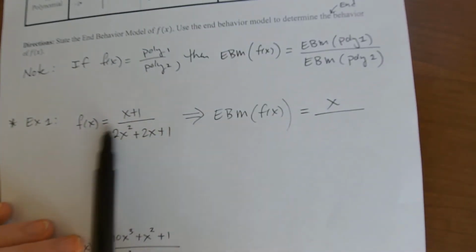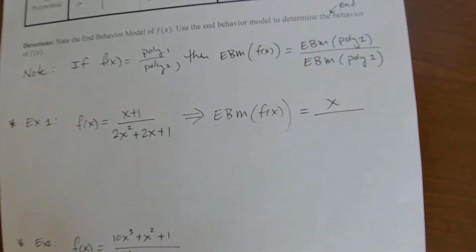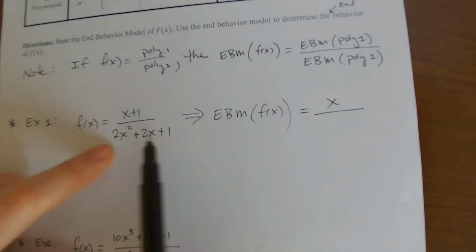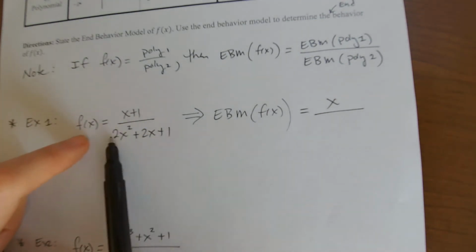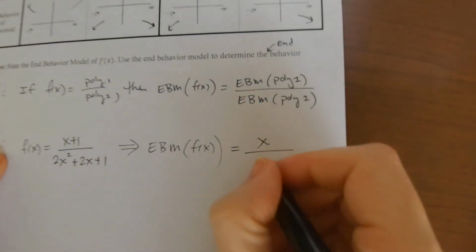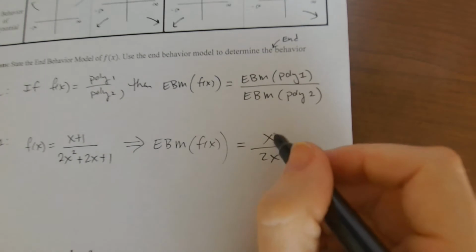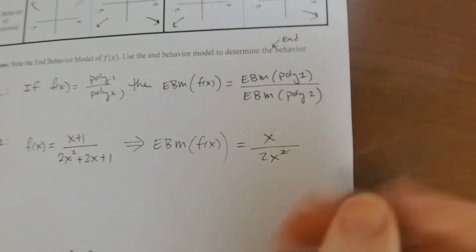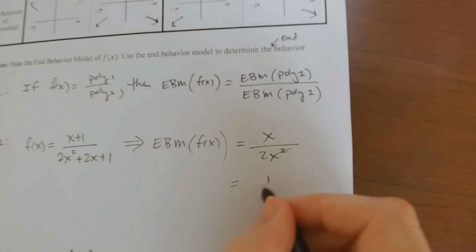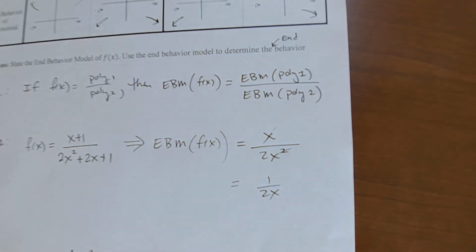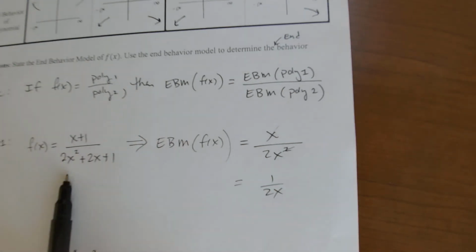The leading term is not necessarily the one that's written first. In your practice, you're going to have to look for the highest power term. Down here, the highest power term is 2x squared. These x's cancel, so we get just 1 over 2x. So that's the end behavior model of this original function.